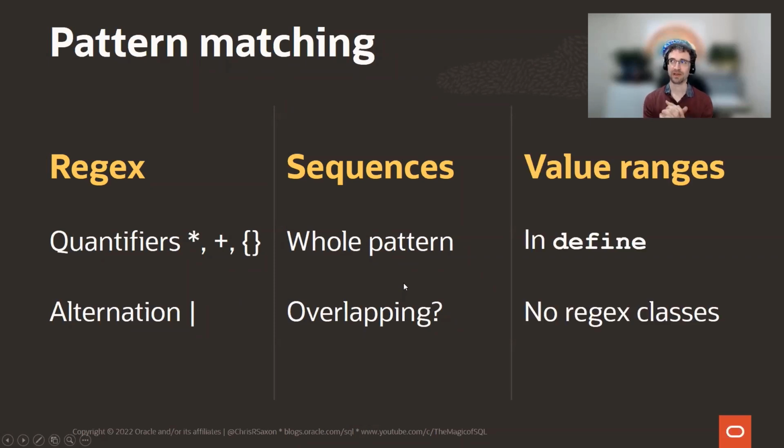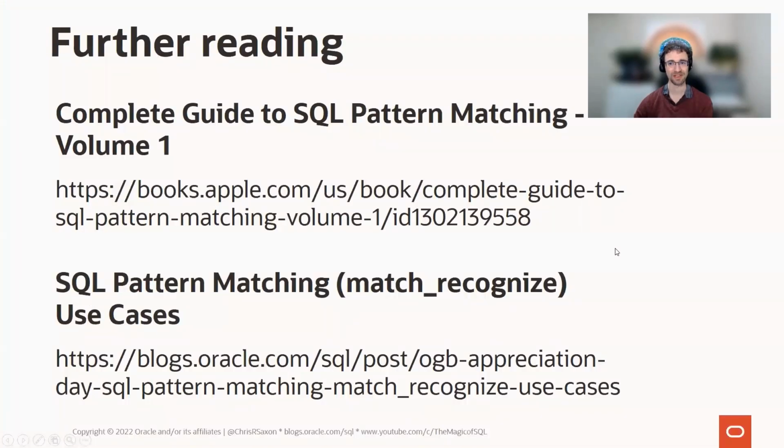Then, to look at value ranges or classes, which you would do with square brackets in regular expressions, like 0 to 9 or the letters A to Z, that's in the definition of the pattern variable. The regular expression classes are not available to you, so just be aware of that. Using the DEFINE clause and the pattern variable does give you a lot more power and ability to do things, but just make sure you know that.